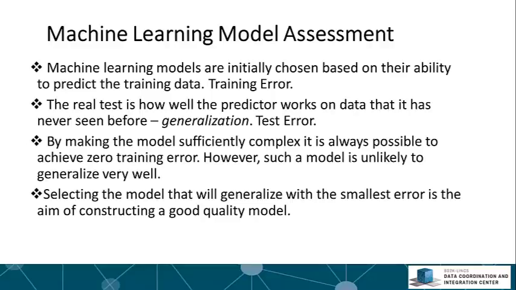This is called the training error. But the real test of how good the model is, is how well it performs on data that it's never seen before. Which is to say, how well does our model generalize? For this, we need to estimate what is called the test error.